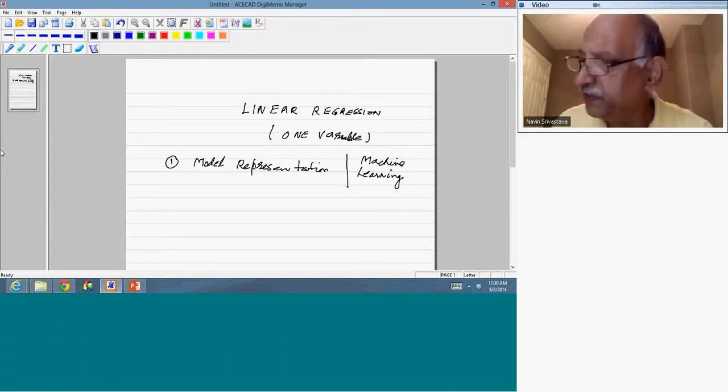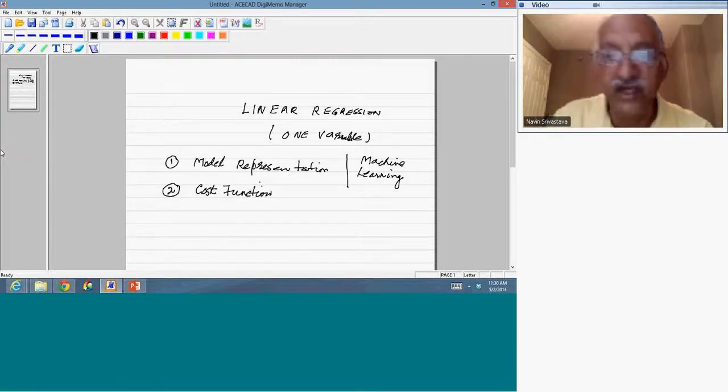Then the next aspect in linear regression that we will be talking about is the cost function.